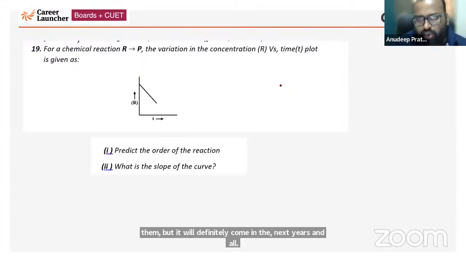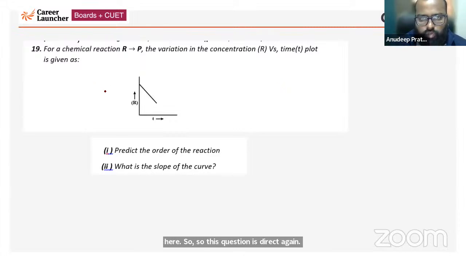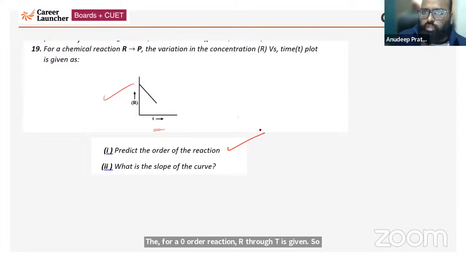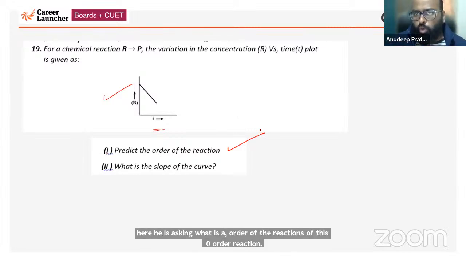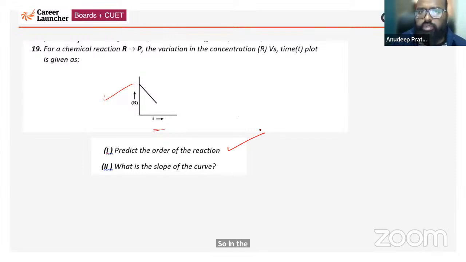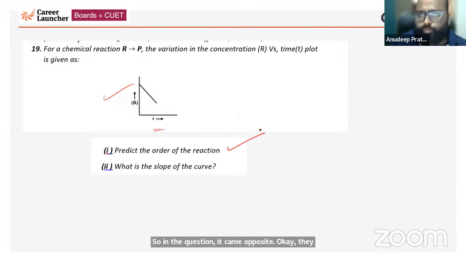This question is direct again. For a zero order reaction, R versus T is given. Here he is asking what is the order of the reaction. So this is a zero order reaction. In the question paper, it came the opposite way. They asked indirectly. They have given the zero order reaction and they have asked for the slope and all.